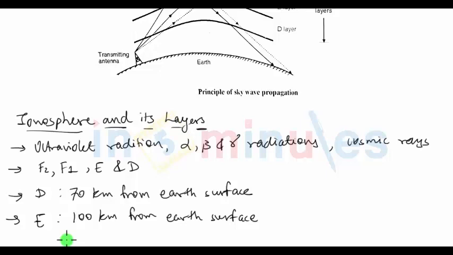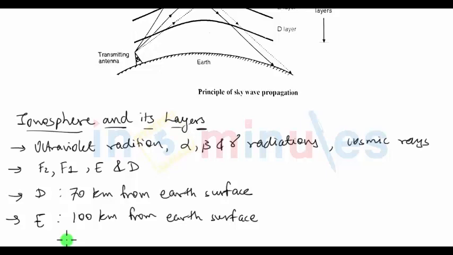This happens due to the absence of radiation from the sunlight at night time. So at night time, the major factor which gives rise to the formation of the ionosphere, which is the ultraviolet radiation, is absent, and hence the formation of the ionosphere depends only upon the other radiation. So the D and E layers vanish at night time.